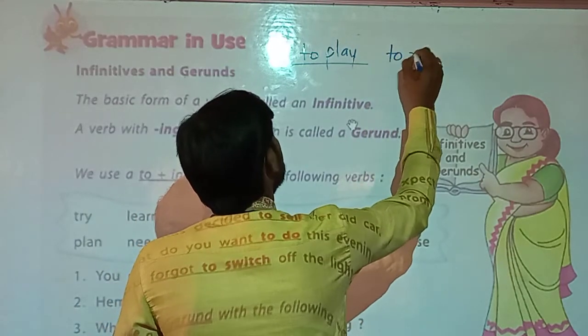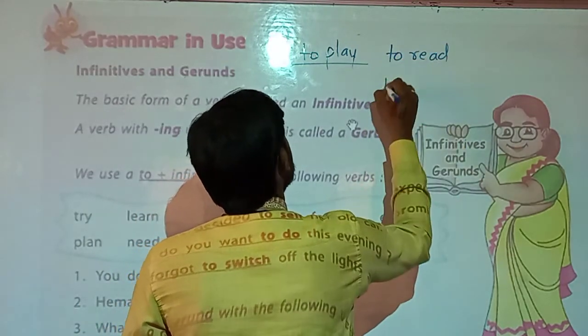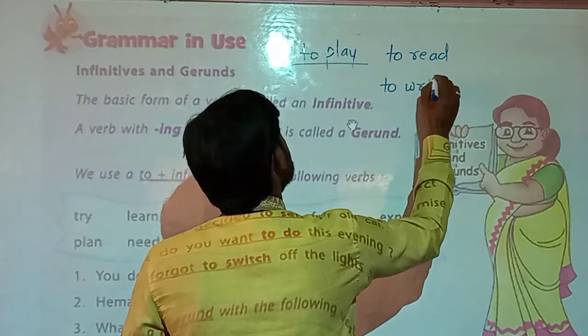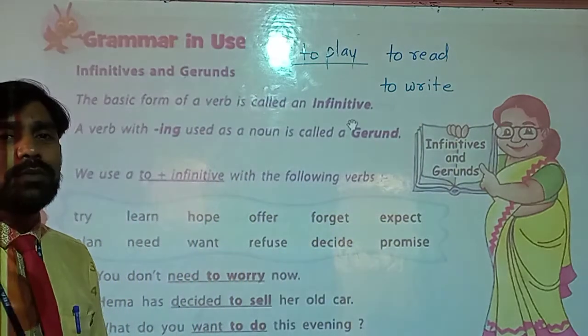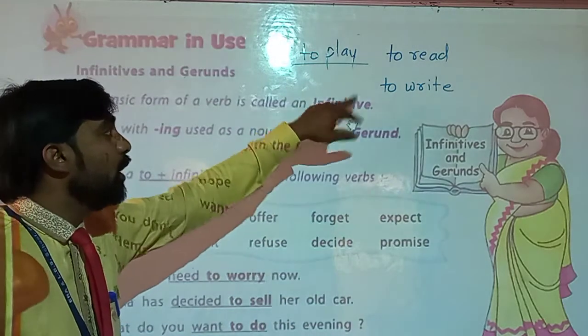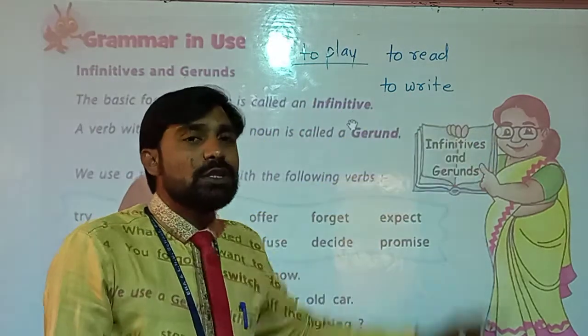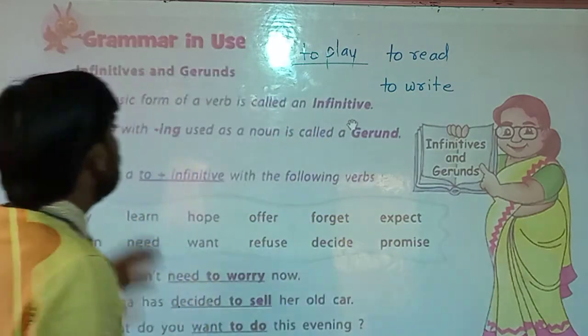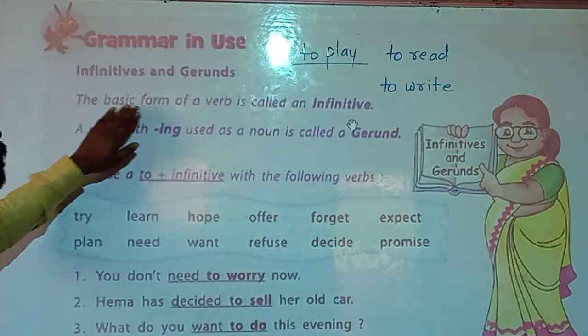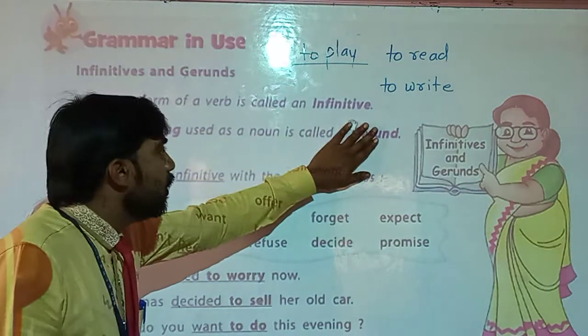To read, this one is also infinitive. To write, this one also infinitive. Means when the base form comes followed by to: to play, to read, to write. So this form is known as infinitive. Now the basic form of a verb is called infinitive.